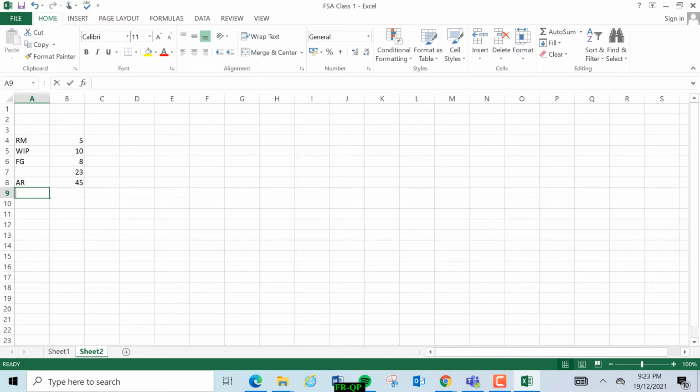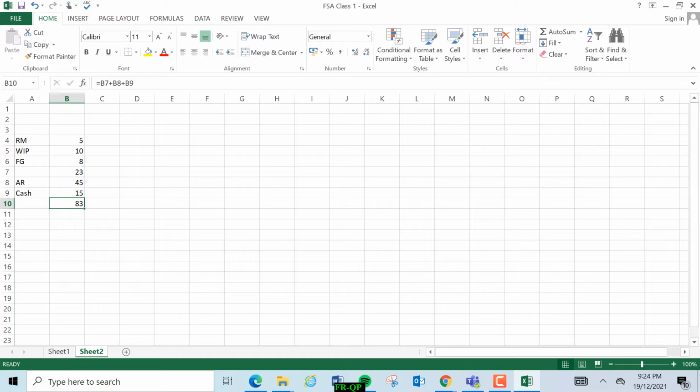Then from AR to cash, you have to keep certain cash in your hand always. So you want to understand how much is the operating cycle. Say you are keeping 50 days equivalent to the sale in cash in your business, so your operating cycle will include all these days. So you can say that your operating cycle is 83 days.